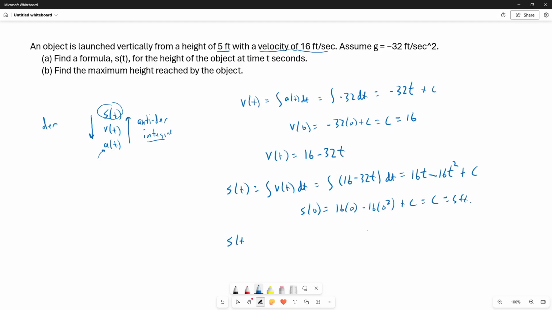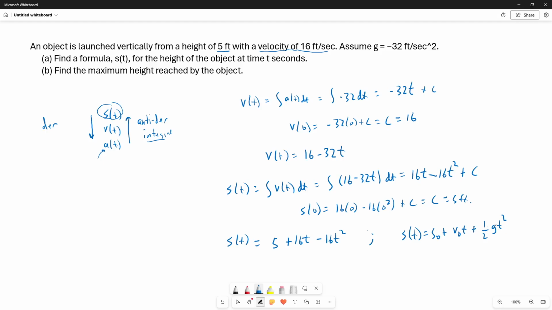And that means that our position function is 5 plus 16t minus 16t squared. The general formula is s of t equals s0 plus v0t minus 1/2 gt squared. s0 is the initial height, v0 is the initial velocity, and g, well, here I'm using g as negative, so I'll go plus right here.